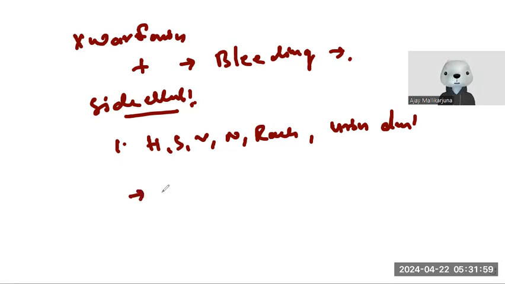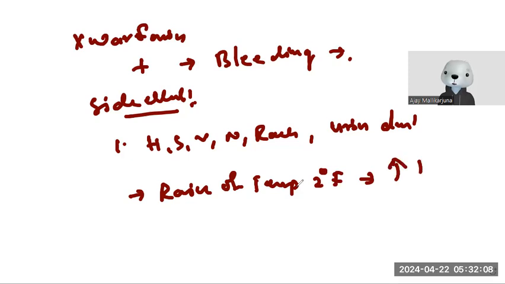For every 2 degrees Fahrenheit rise of temperature, there will be an increase in heart rate. So when fever is present, you will see the heart rate also increased. We have to look at everything.